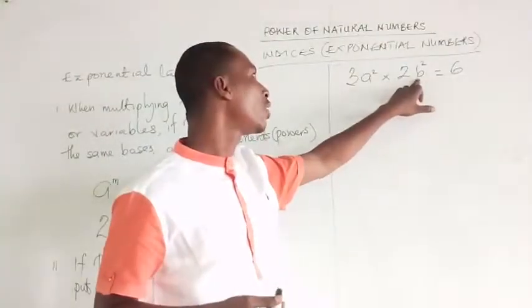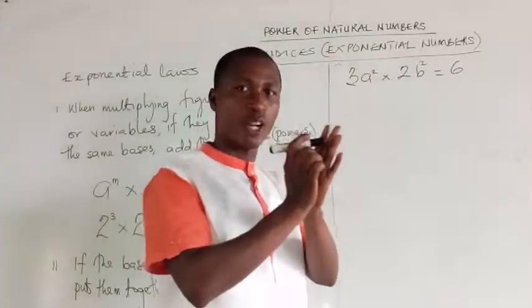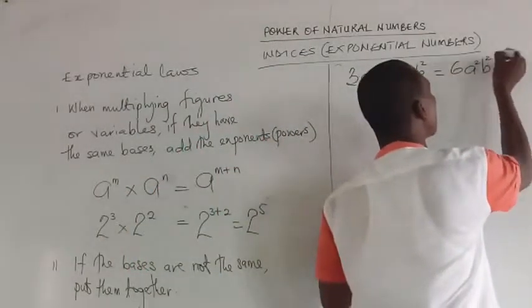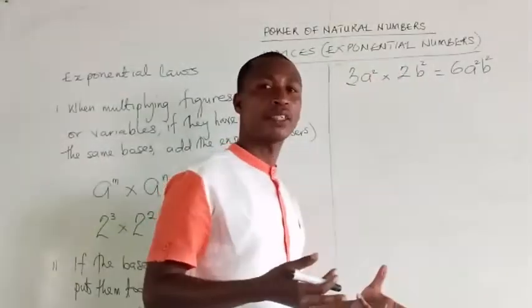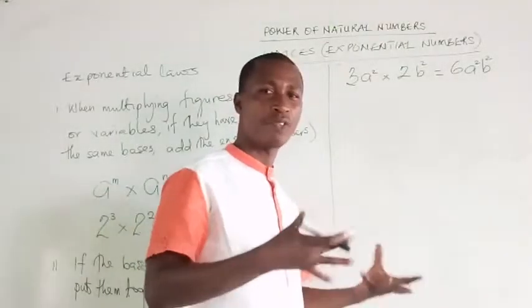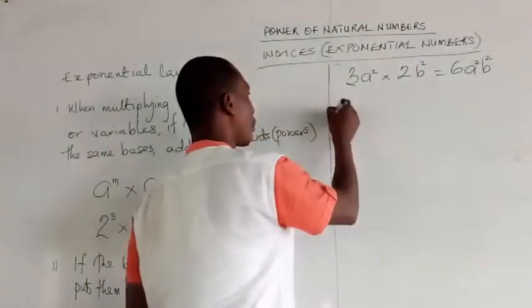So what I will just do is put a squared, b squared together. This gives a clear indication that when you are multiplying and they are figures, just multiply the figures. But if they are variables, put the variables together. Let us look at the third law.